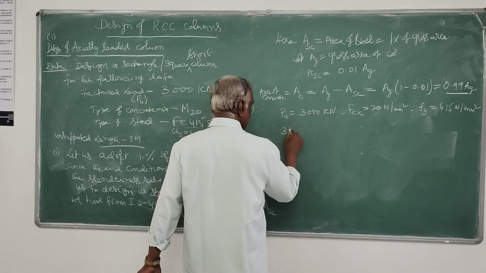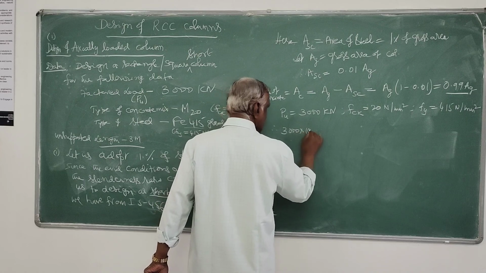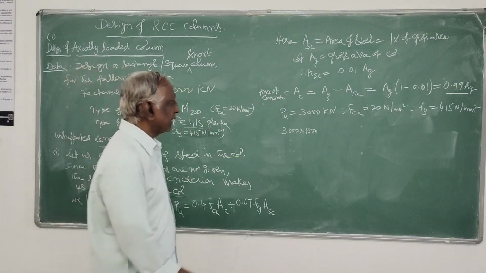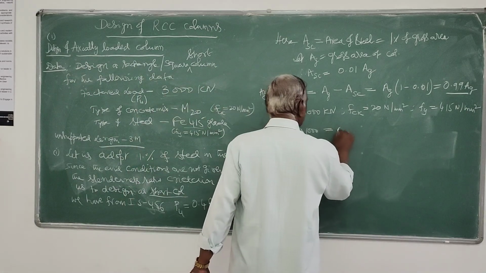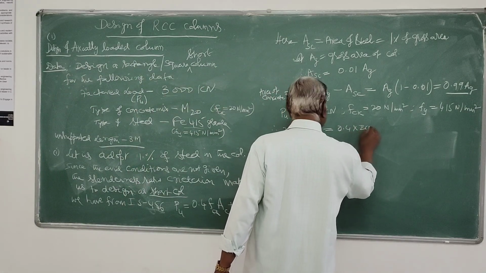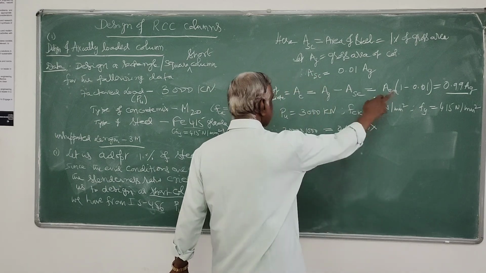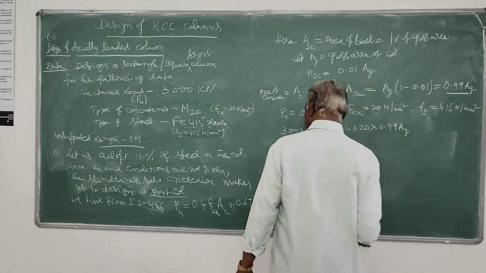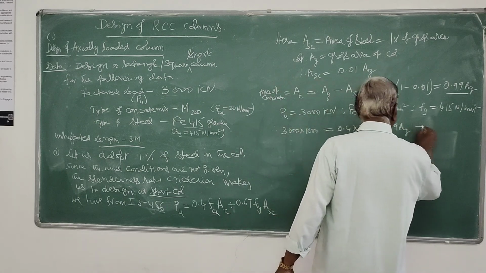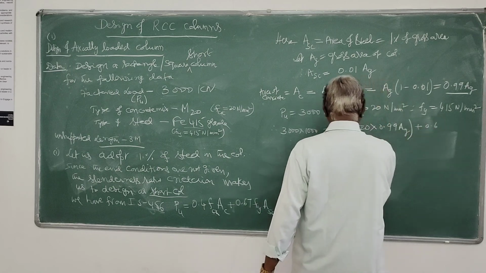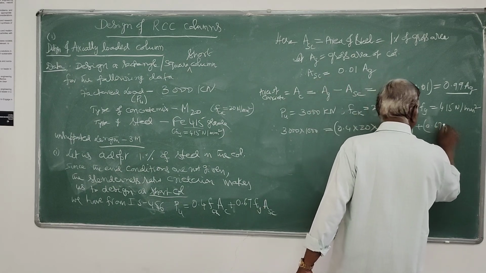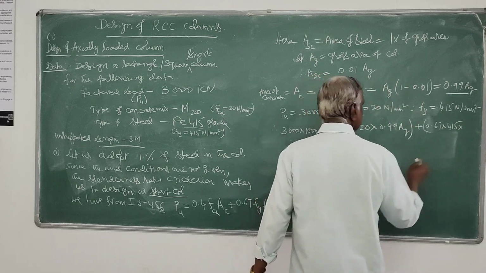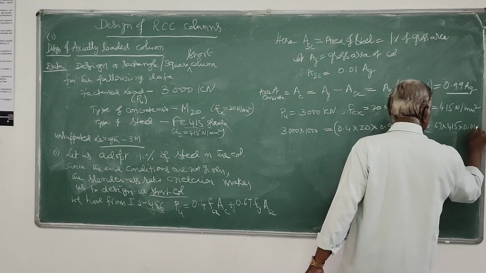Convert it into newtons, 3000 into 1000 Newton, all should be in Newton millimeter, same units. That is equal to 0.4 into 20 into Ac, which is 0.99 Ag, plus 0.67 into 415 into Asc, which is 0.01 Ag.